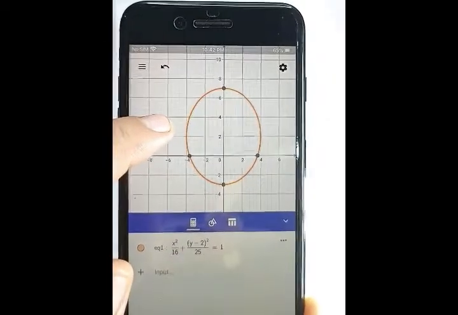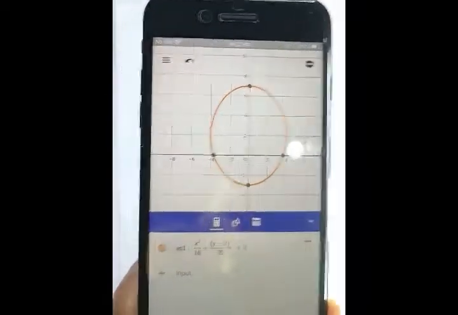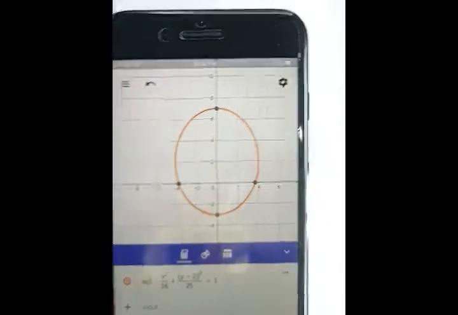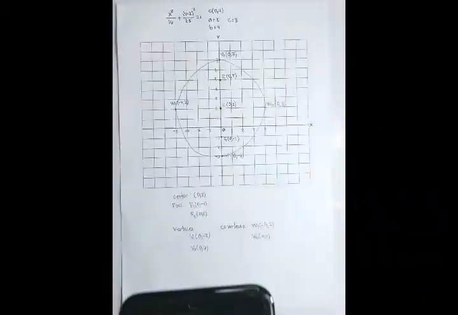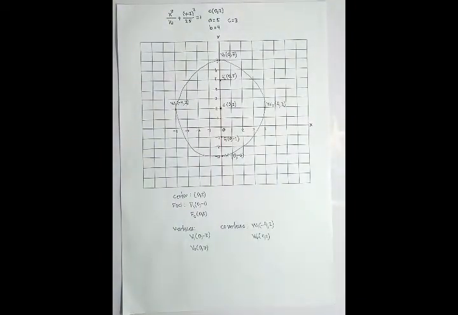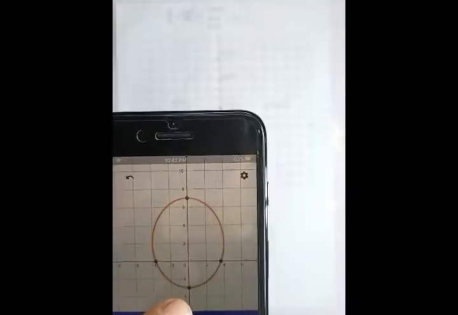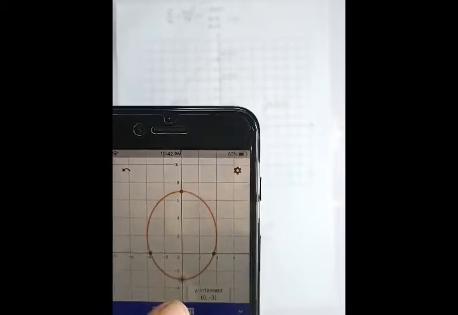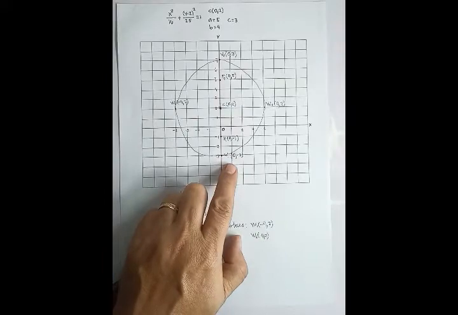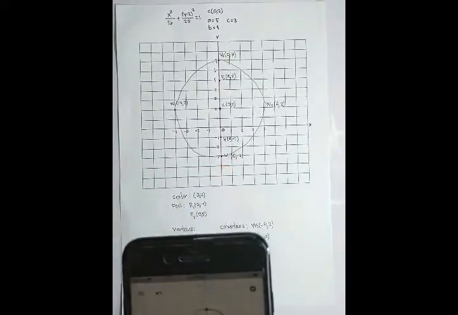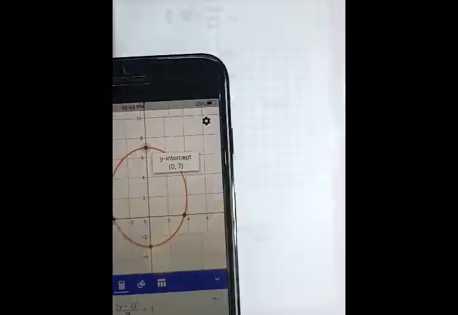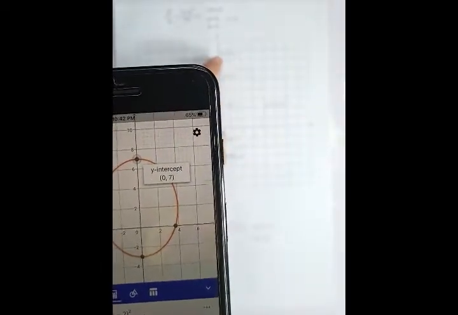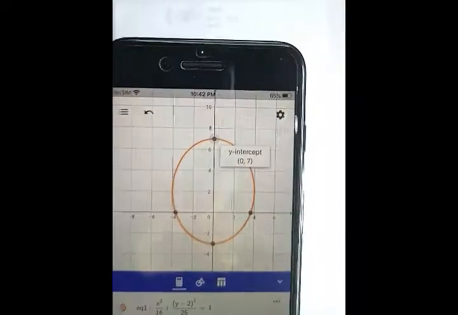So that is now the ellipse according to our graphing application. So we compare our answer. Its location at the y-intercept is 0, -3. So it is correct: our V1 is at 0, -3. Then our V2 is at 0, 7. Okay?